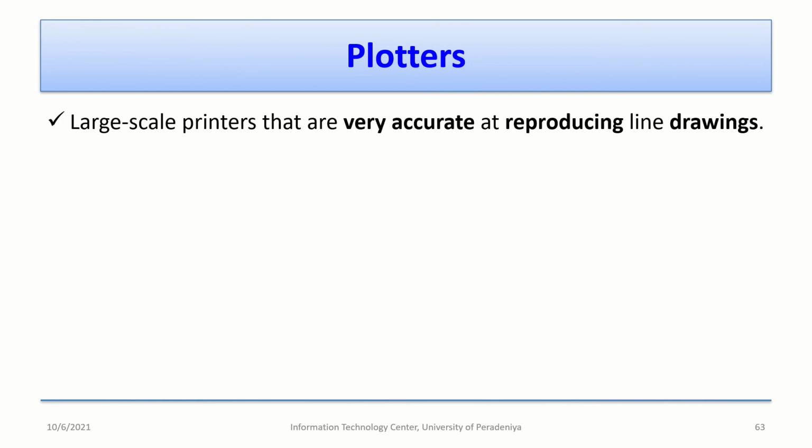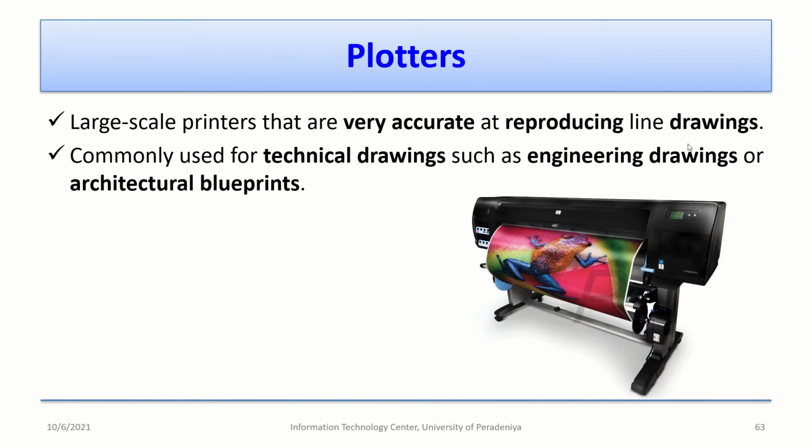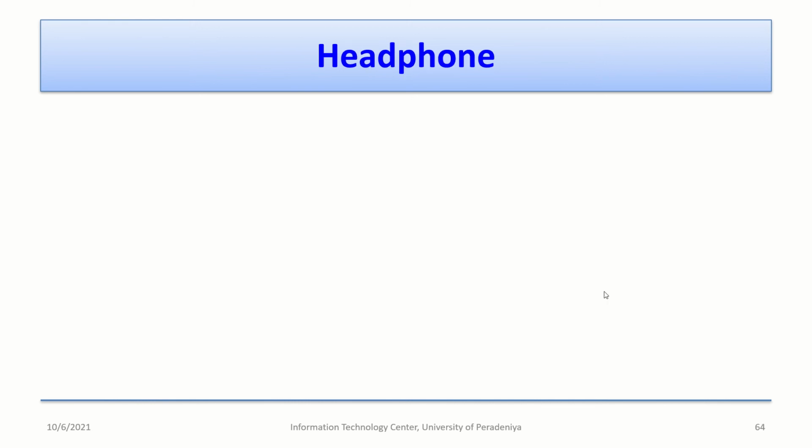They are commonly used for technical drawings such as engineering drawings or architecture blueprints. Due to this accurate reproduction of line drawings, they use plotters to take the printout of drawings.